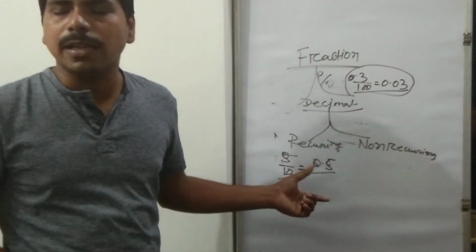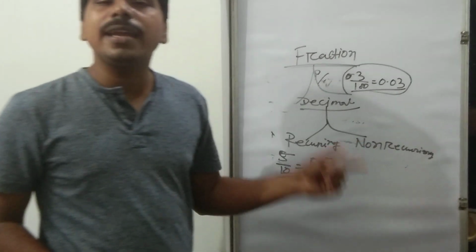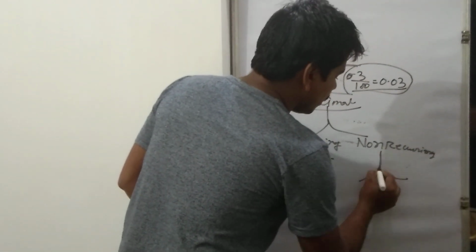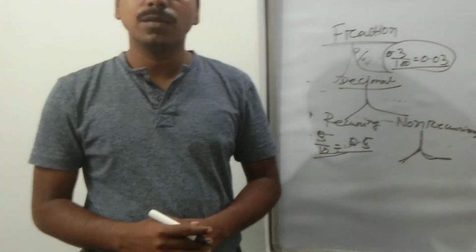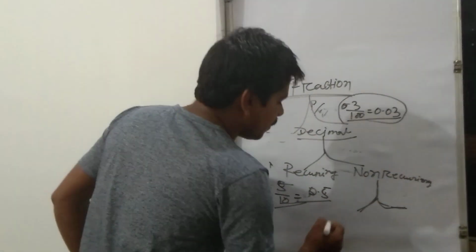This is the final value we can find. But the other one is divided into two types.